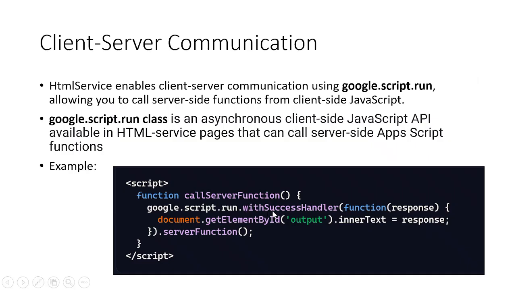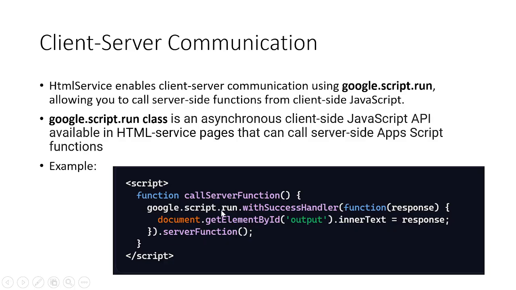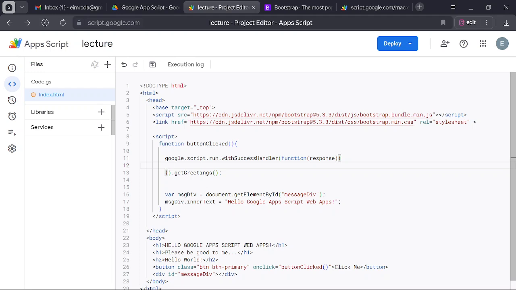So this variable here is going to hold the value of whatever is being returned by the server function. Okay, then manipulate it here. By the way, the server function is getGreetings.